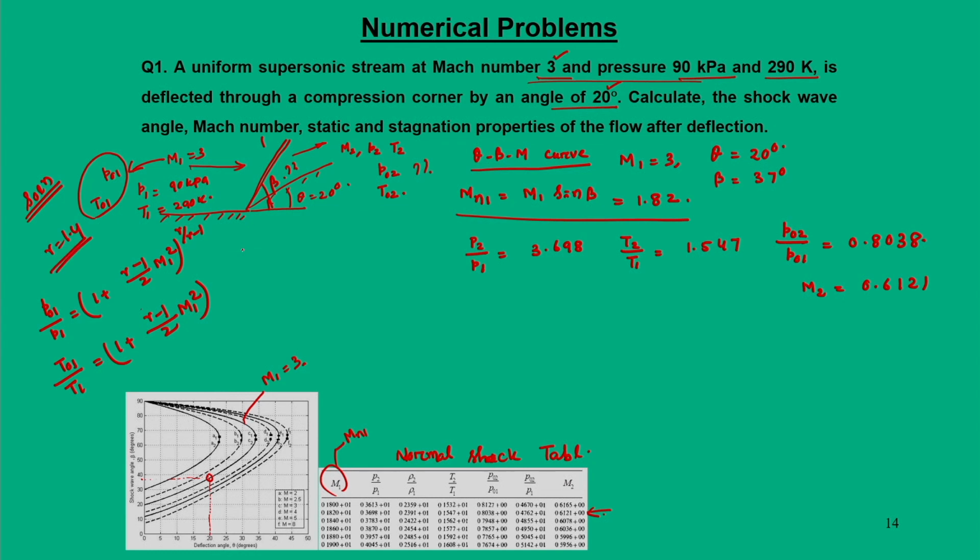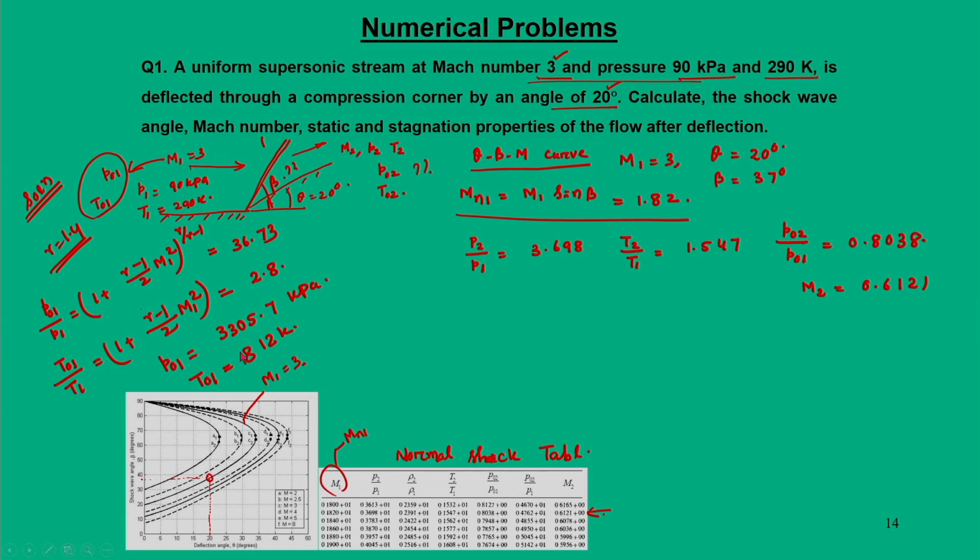From this we can calculate P01 by P1 is 6.73 and T01 by T1 is 2.8. So P01 is P1 times this, with P1 being 90, so P01 would be 3305.7 kilopascal and T01 would be 812 Kelvin.